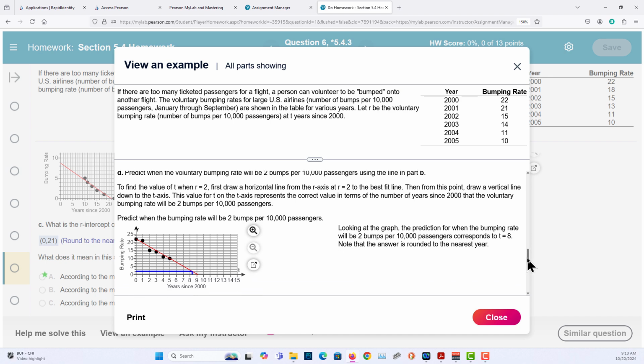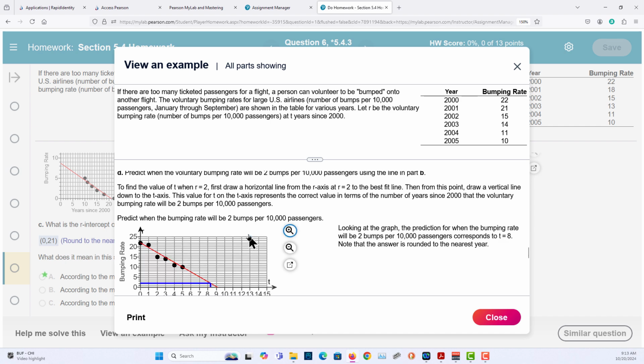So you can see the approach they took. They have the 2 here and they mark it over to where it crosses the function, and it crosses at 8. T equal to 8. So see how they drew that bar right across at 2, and you come to 8.